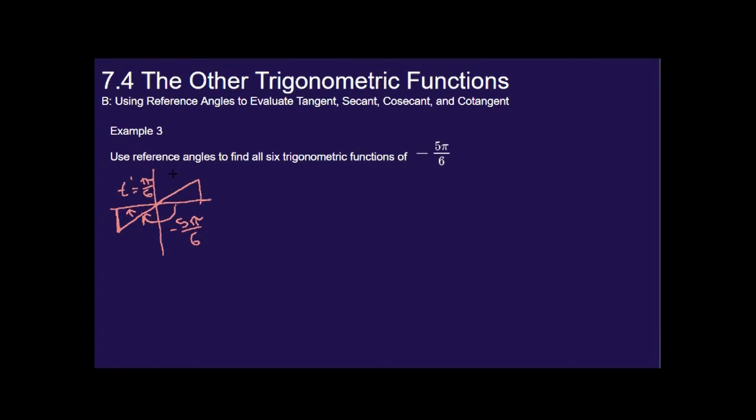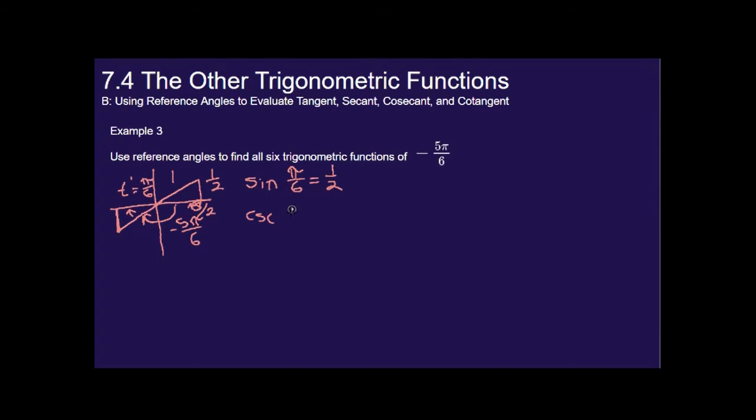What we know is that this is 1, this is 1/2, and this is, I'm going to squeeze it in there, square root of 3 over 2. And so we can come up with all 6 trigonometric functions of the reference angle. Sine of pi over 6 is 1/2.